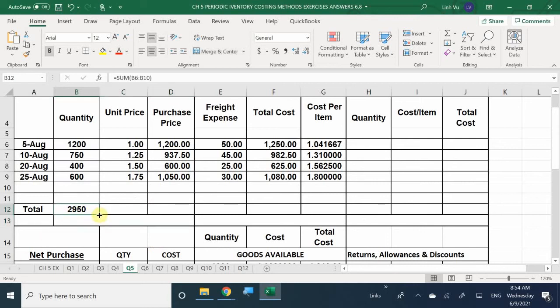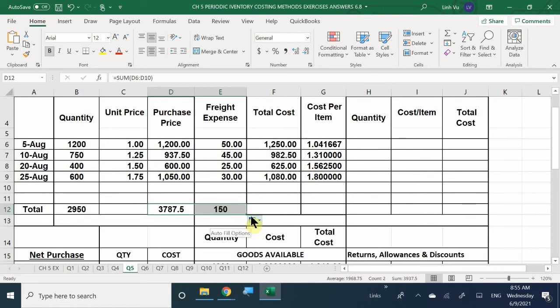What was the total cost of my original purchase price? $3,787.50. Excellent. What was my original freight, total cost of freight? 150.